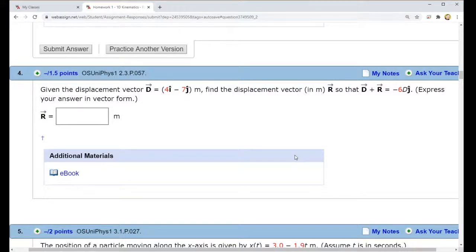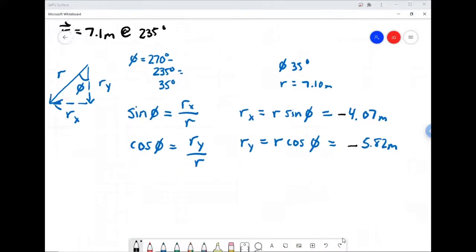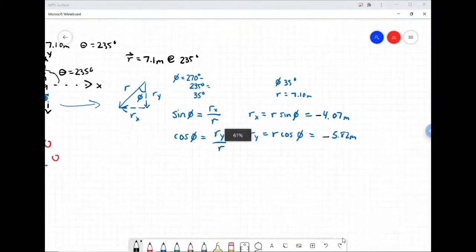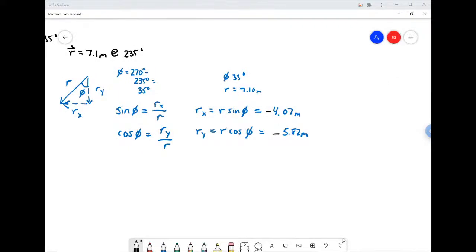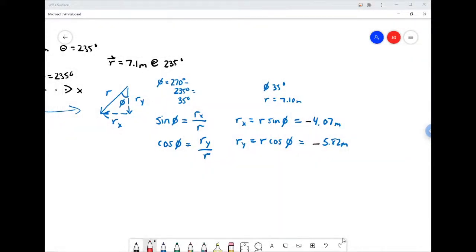The next problem deals with vectors. Let me go back. This might be a helpful thing to remember. One way you could represent this vector is in polar coordinates, like so. Another way is using x and y components.